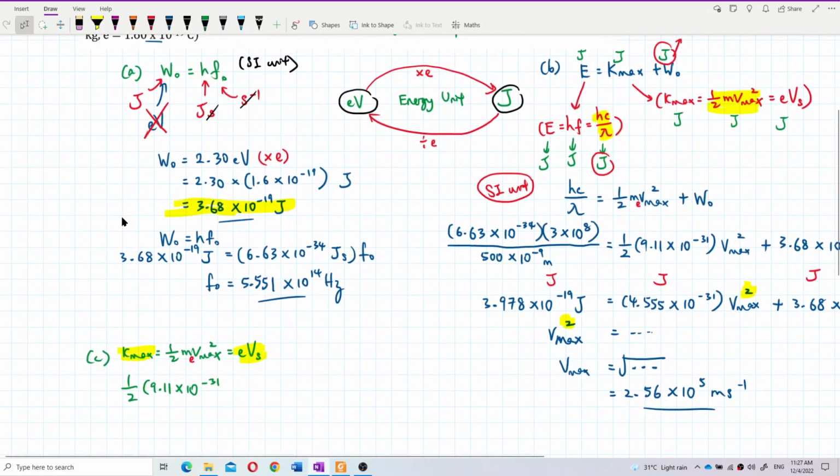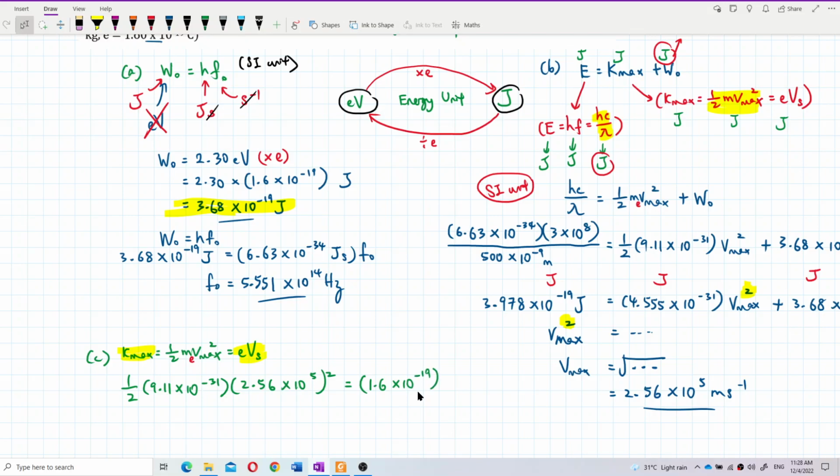And then Vmax, just now I calculated 2.56 exponent 5, square. So equal to, don't forget you have the square here, eVs. e is the electron charge, 1.6 exponent negative 19 coulomb, multiplied by the stopping potential.